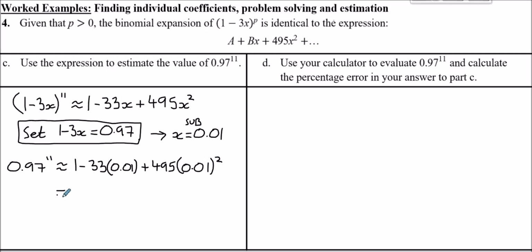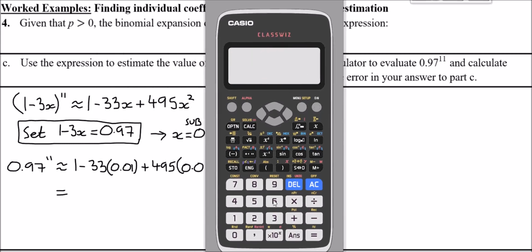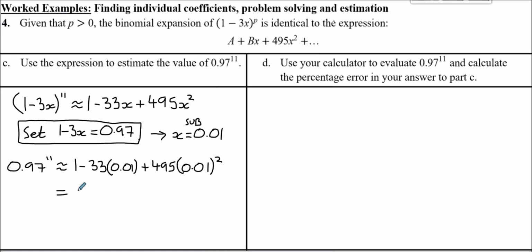And so if we just bang this into our calculator and see what drops out, so we've got 1 minus 33 lots of 0.01 plus 495 multiplied by 0.01 all squared. And what we get coming out of this is this awkward looking fraction. Press S arrow D. It's 0.7195, our approximation.